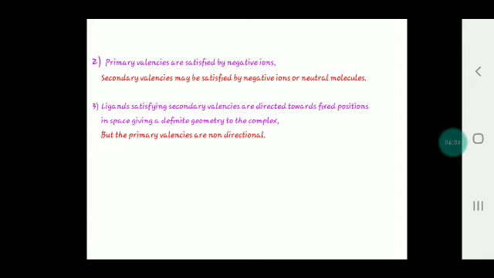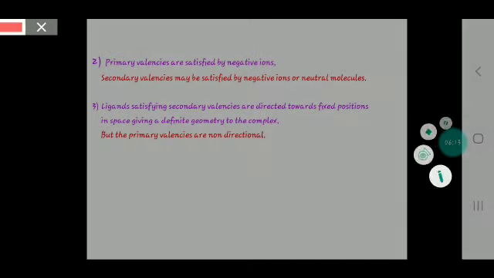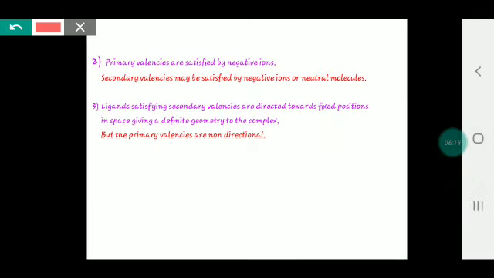Now through an example we can see how secondary valencies have definite geometry. The example is tetraamminecopper, where copper is the central metal atom.